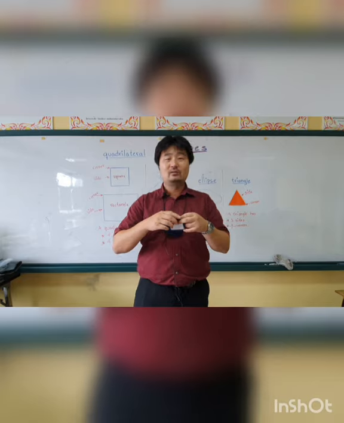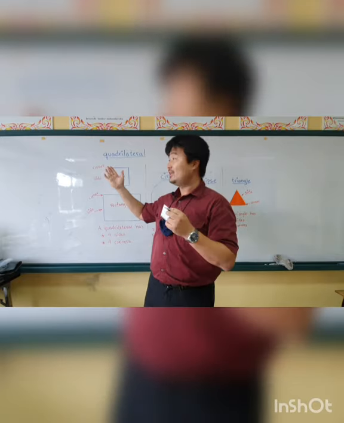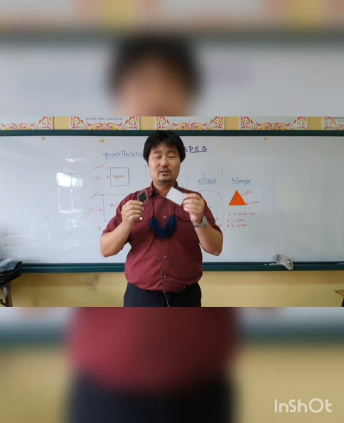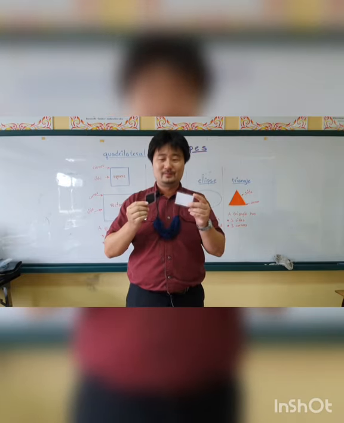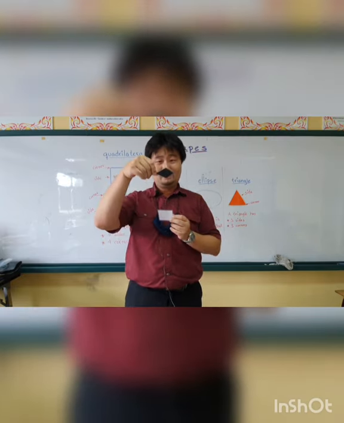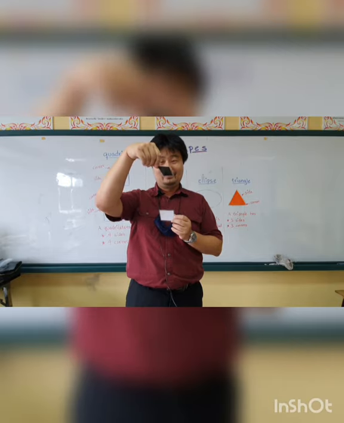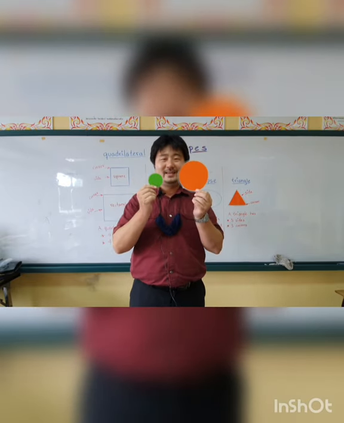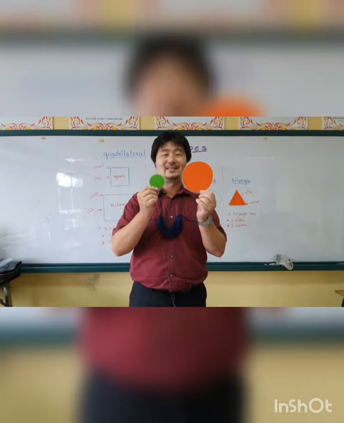It's a rectangle, and rectangles are quadrilaterals. So all of these are quadrilaterals. These as well. Okay, and then we have these ones. What are they? Circles. Yes, they are circles. Good.